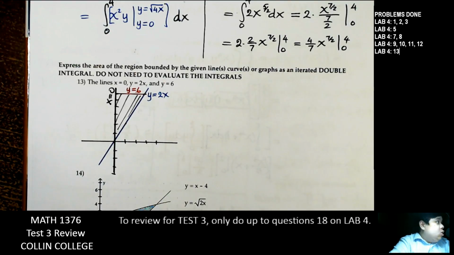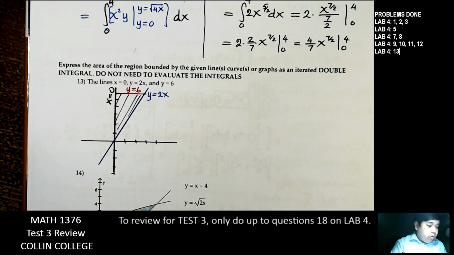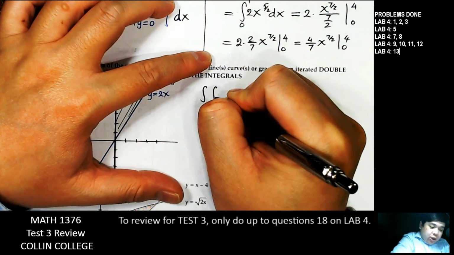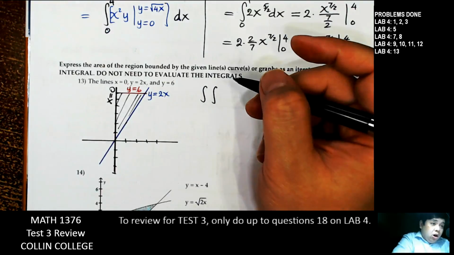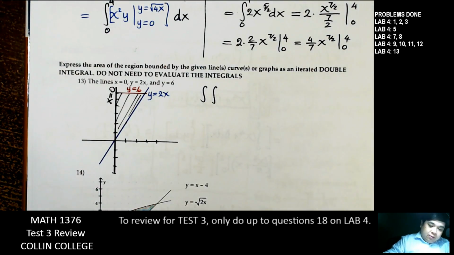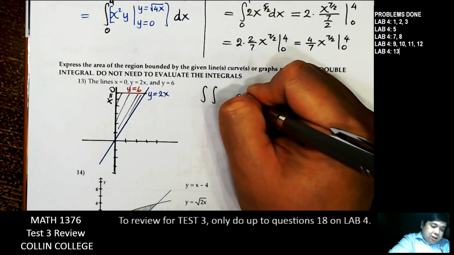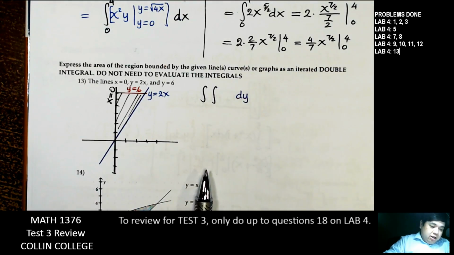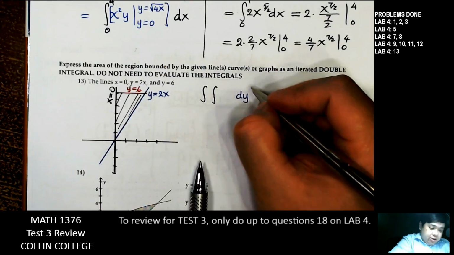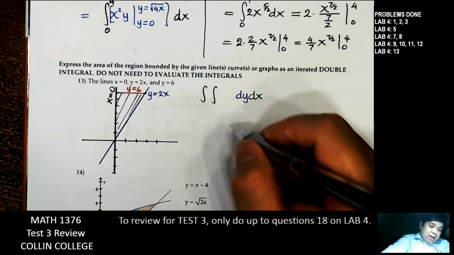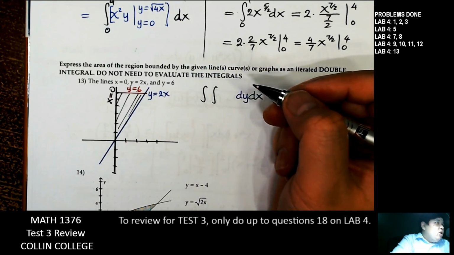Right. So to set this up, I'm going to do both. Of course, when we set it up, we have to choose whether we're going to have dx dy or dy dx. So if I put dy inside and then dx on the outside, the function in the middle doesn't really matter.